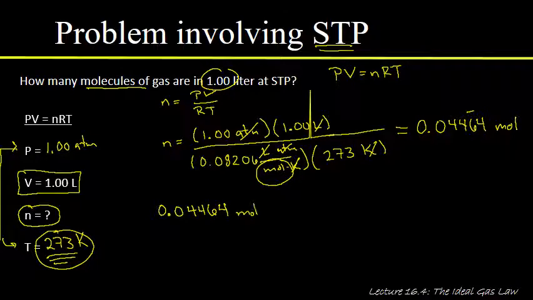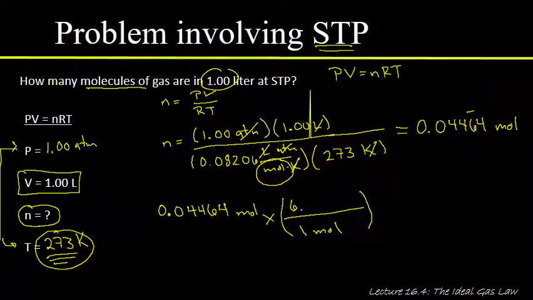0.04464 moles times Avogadro's number. Avogadro's number tells us that 1 mole has 6.02 times 10 to the 23rd of whatever those things are. In this case, molecules.